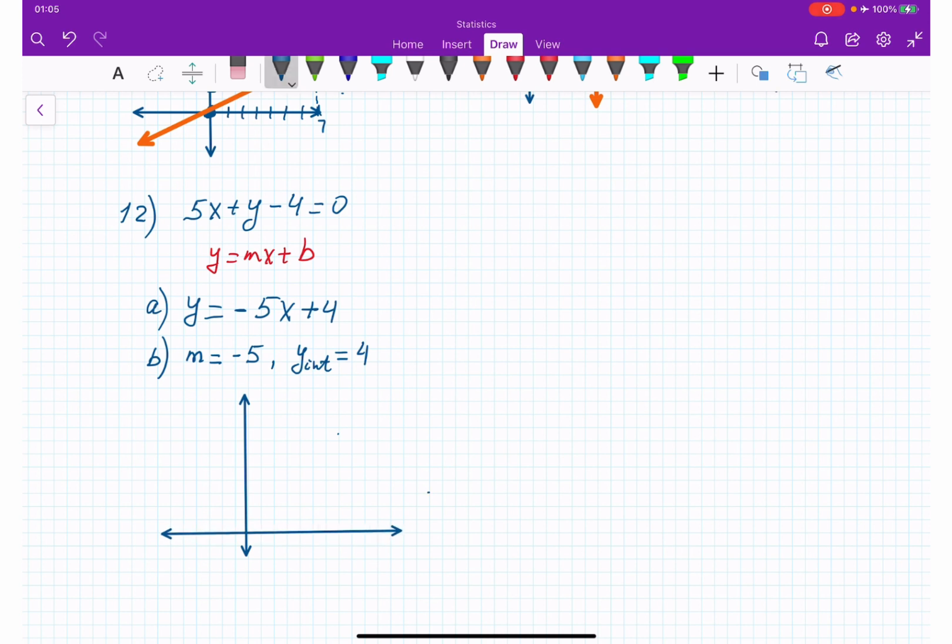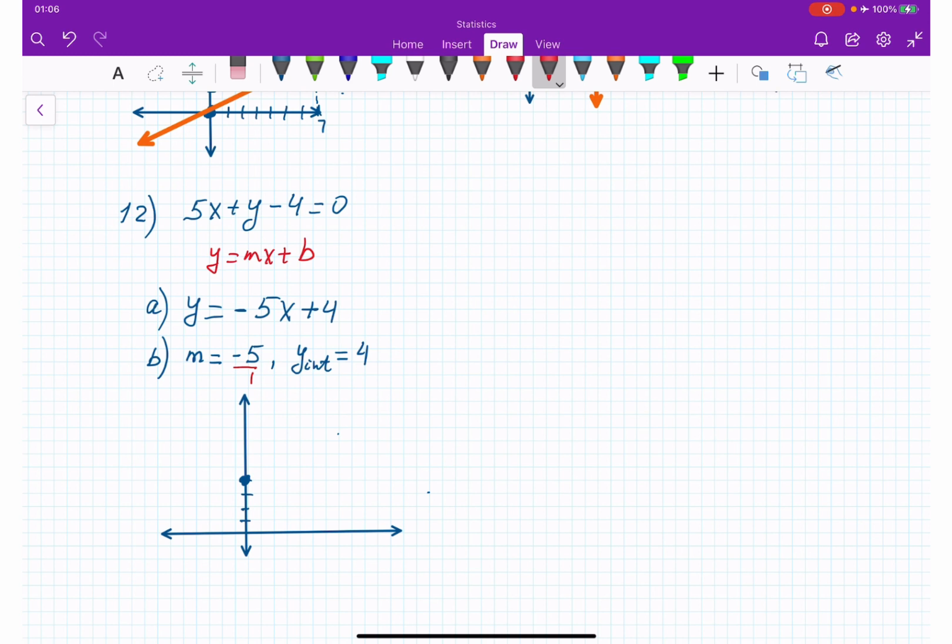So y-intercept is 4. 1, 2, 3, 4. This is the first point. We got it. Now, this is interesting. M is equal to negative 5, so I'm going to represent it as a fraction, negative 5 over 1.